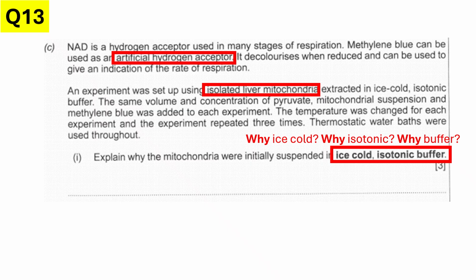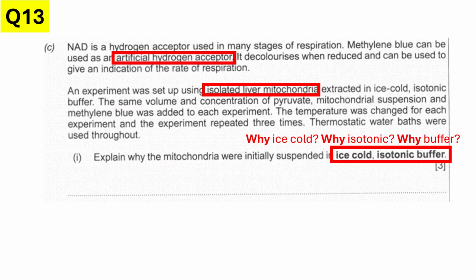So there might be some hydrolytic enzymes within the mixture, things like proteases, nucleases, etc. So we put the mitochondria on ice in this suspended liquid to reduce the activity of any potential hydrolytic enzymes to stop further digestion of the mitochondria themselves.